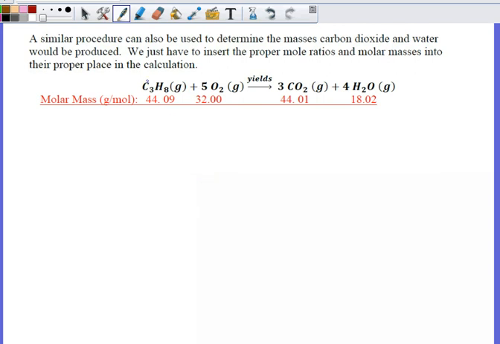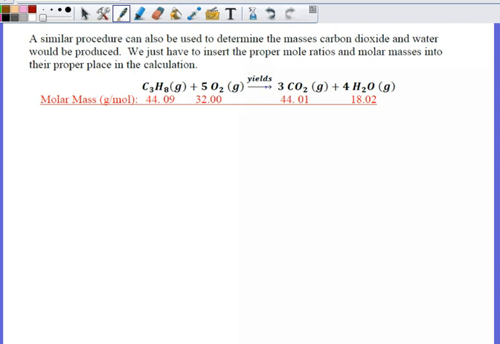Now I just carry this over because based on that 75 grams of propane you had, you could also determine how much carbon dioxide would theoretically be produced and how much water would theoretically be produced. So I just brought my molar masses over from the previous calculations, and I'm going to use those along with the mole ratios to finish out this kind of problem. This is a yield, right?